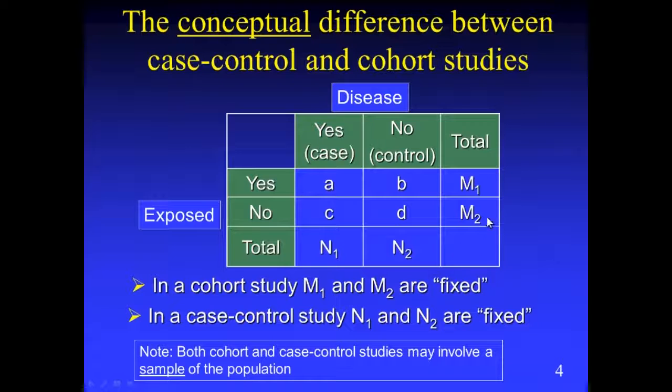We may take samples for M1 and M2, or we may take a sample for N1 and N2. We sample differently, but basically we're still trying to get a handle on A, B, C, and D, and we're essentially investigating the same population. So these are two different ways of looking at the same population, even though the study designs are very different. We're trying to get the same answer ultimately, as you'll see.